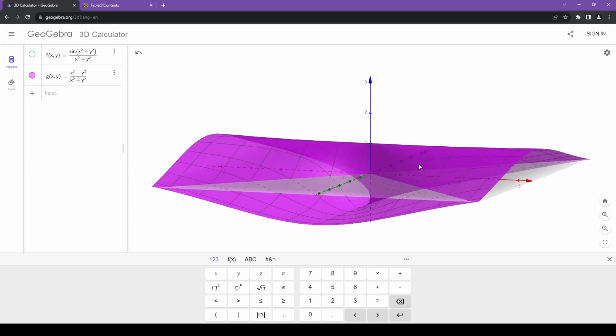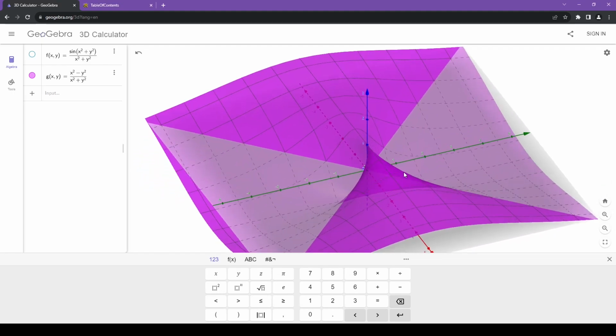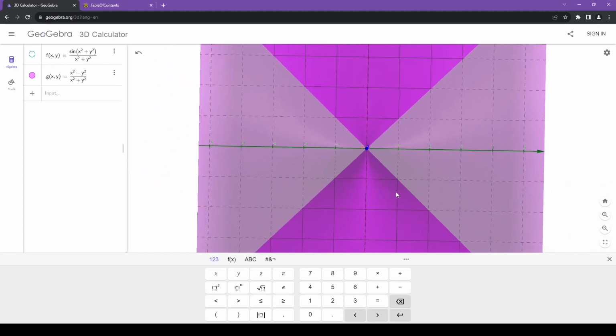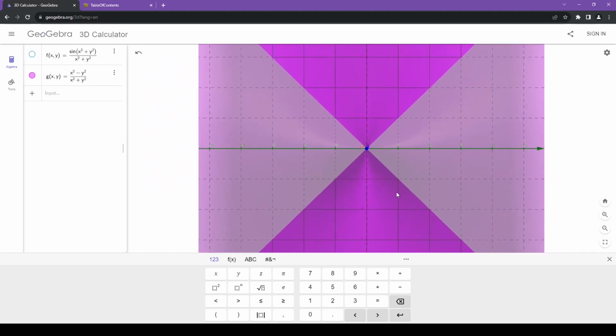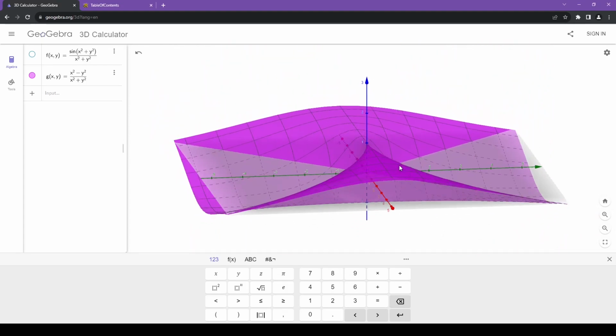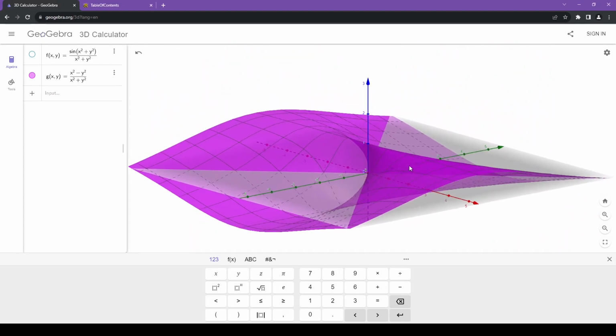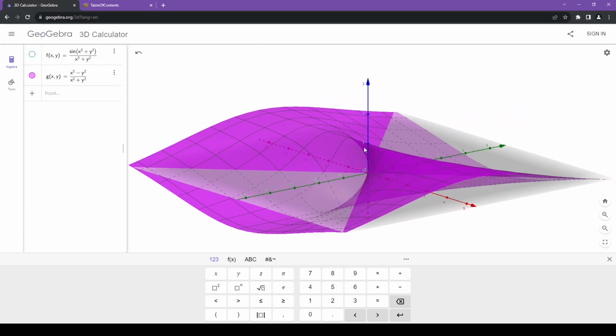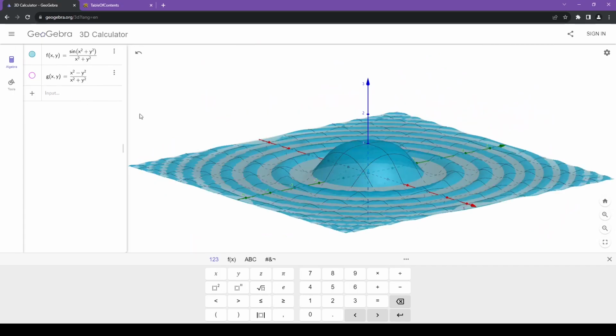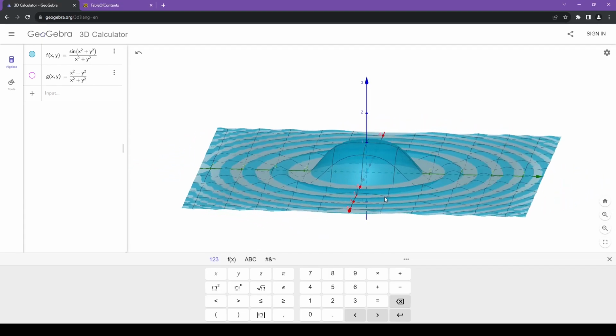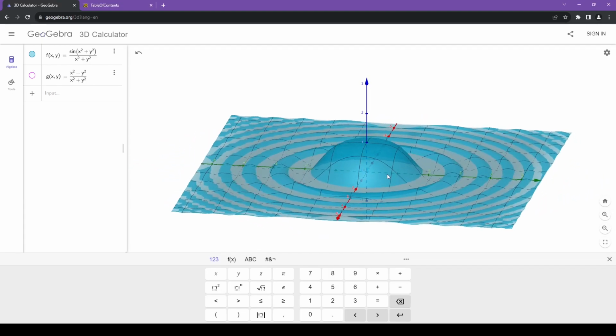This is a big problem if we get close to 0, because depending on what direction we're coming from, I don't get the same answer. In the first example, every direction that I head along the surface towards the point 0, 0 gives me the same limit.